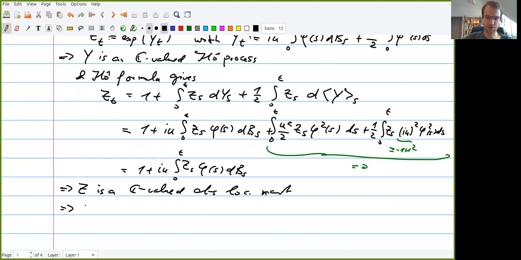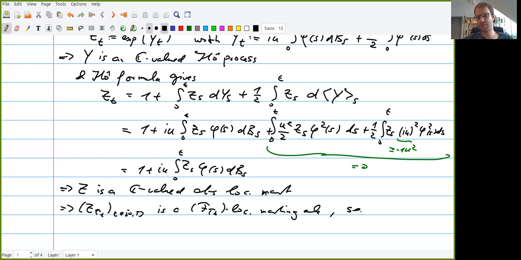This means that also the time change process here is a continuous local martingale, just with respect to the time change filtration. This is what you can check on the problem sheets.